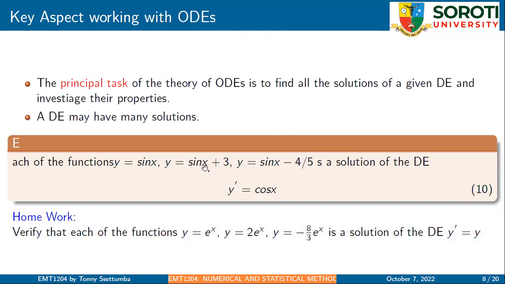So what you need to know is that the key aspect in the solutions of ODEs is to find all the solutions of a particular differential equation. And this is going to help us to investigate the properties of the solution. Are the solutions eigenvalue problems?